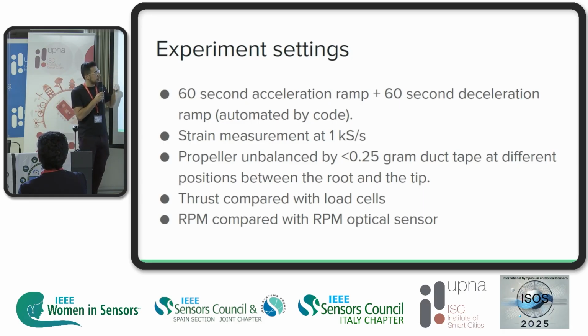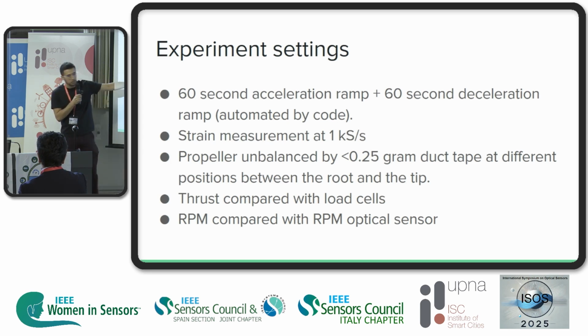And on the first test, we just measured the perfectly balanced propeller. And then we added some small duct tape perfectly adhered to the surface of the propeller, so we can create a slight imbalance on the propeller, but not affecting the aerodynamic performance of the propeller. So it's perfectly adhered to the surface.